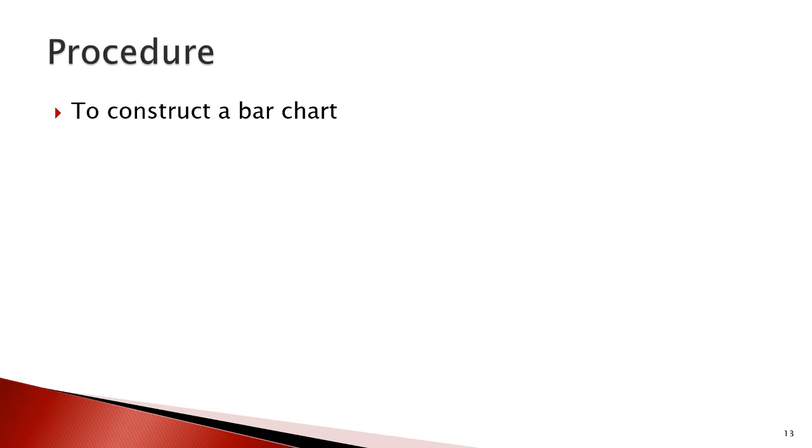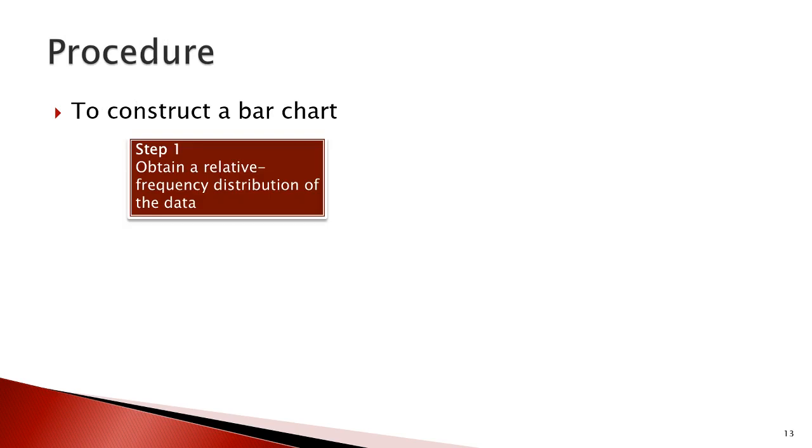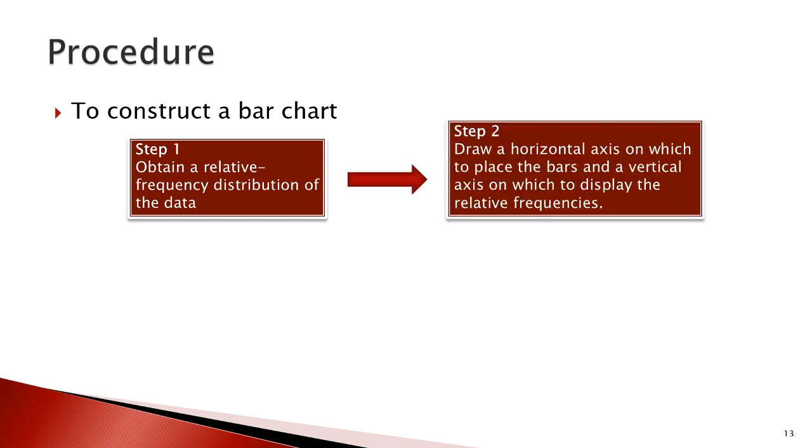To construct a bar chart, there are 4 steps that you should follow. The first one is to obtain a relative frequency distribution of the data, as we already did in our example. We already have that column. The second step is to draw a horizontal axis on which to place the bars and a vertical axis on which to display the relative frequencies. Those are the 2 axes that we are going to draw.